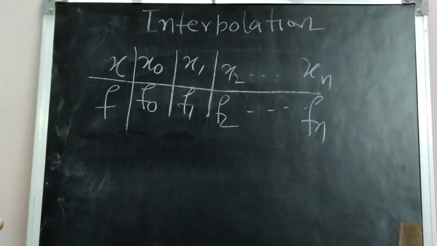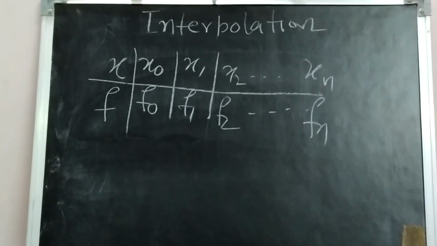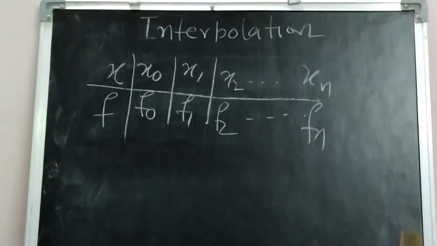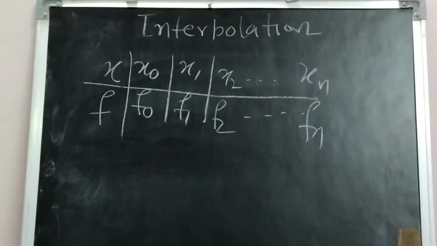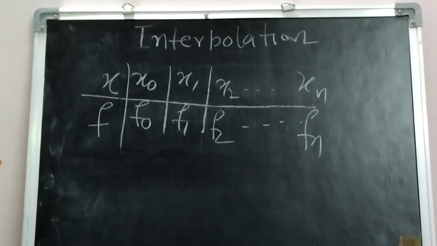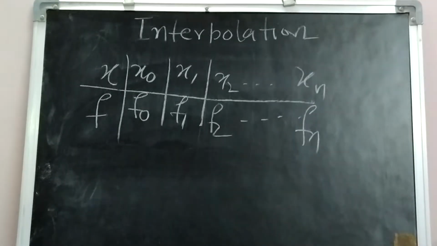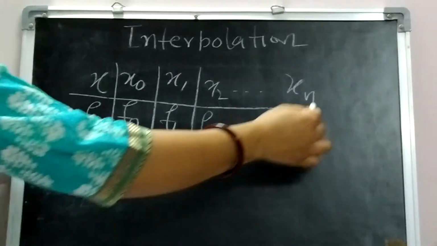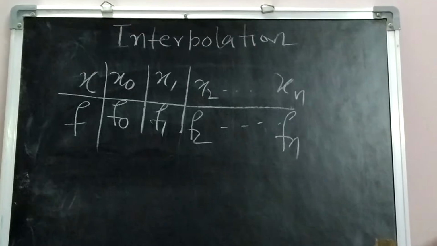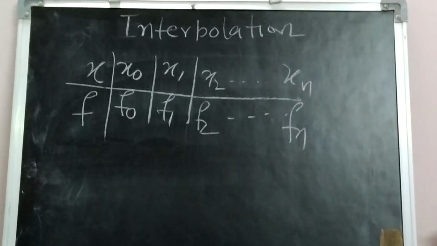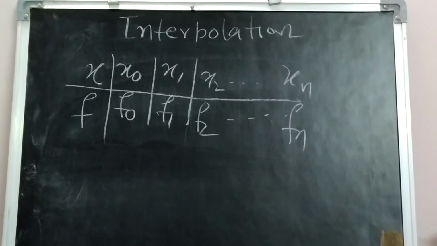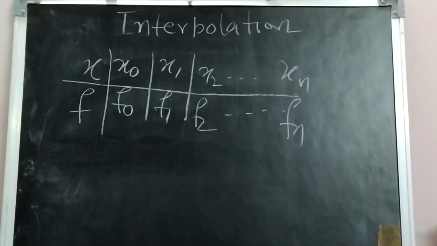So interpolation is a technique of estimating the value of a function for any intermediate value of the independent variable. And what is extrapolation? The process of computing the value of the function outside the given range is called extrapolation. But in this lecture we will discuss the process of interpolation only.